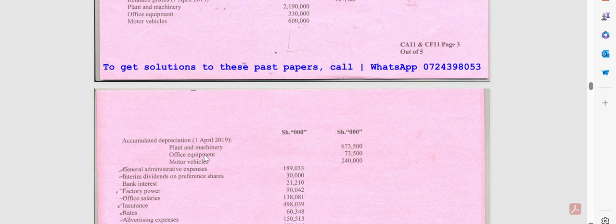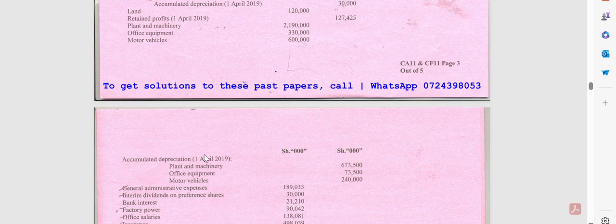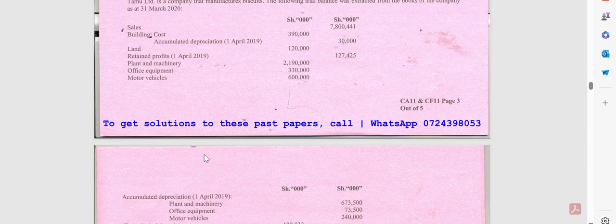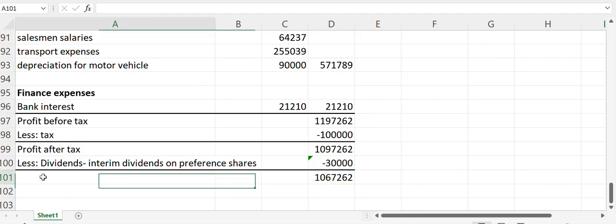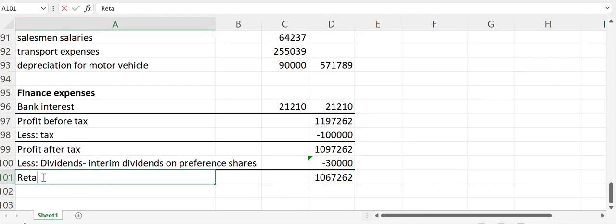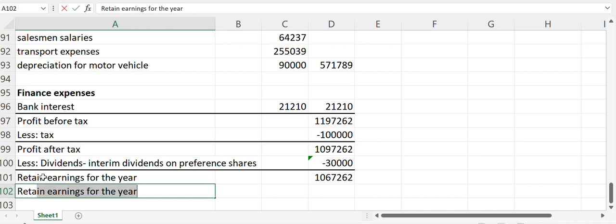So my friends, if you add now the retained profit from the previous period, you are done with the question. So we call this retained earnings for the year.